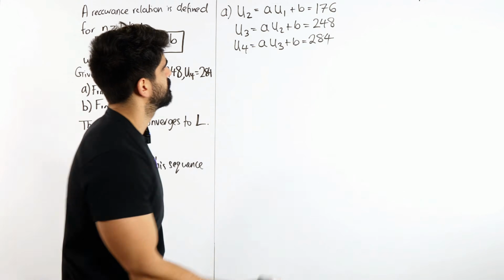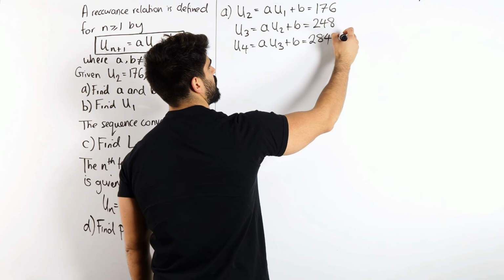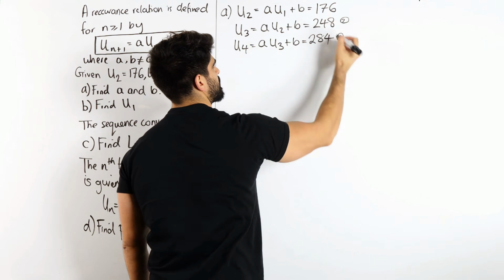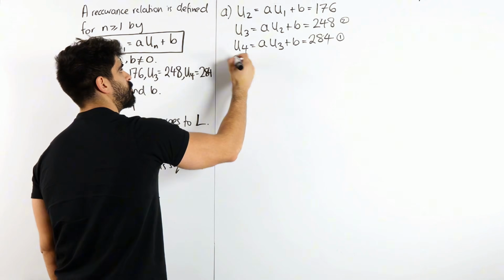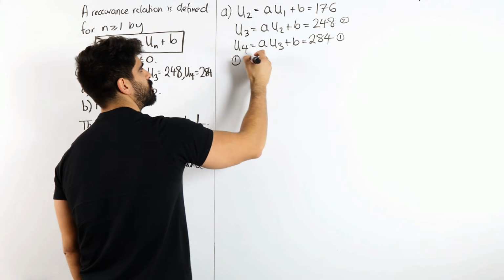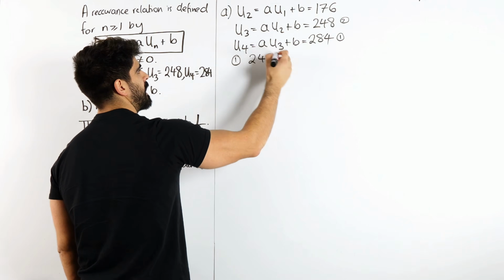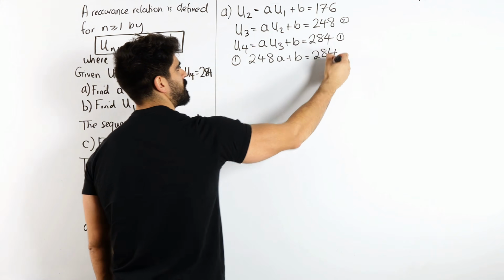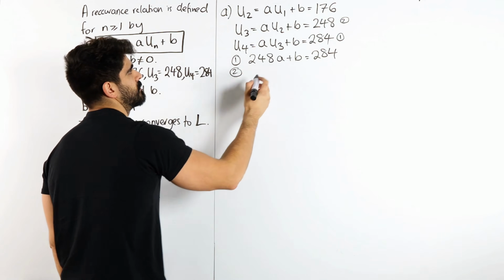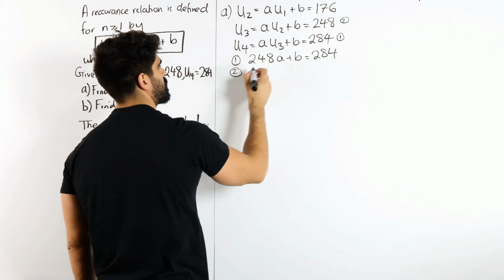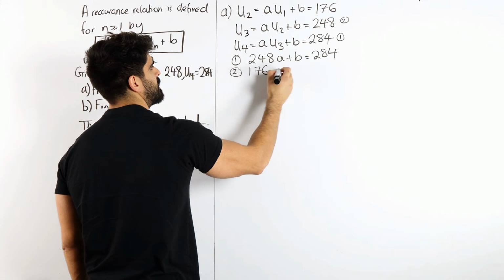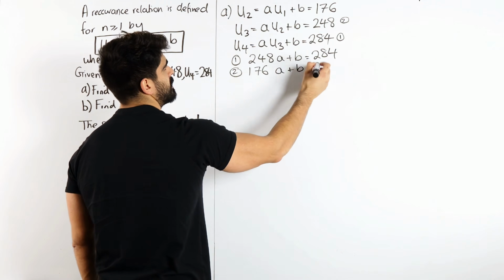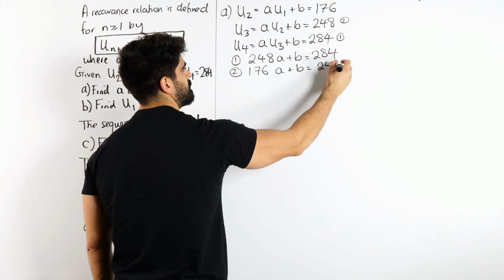So let's rewrite this. I'm going to call them equations 1 and 2, because this is the bigger one. So writing equation 1 again, 248a plus b is 284. Then the second equation is 176a plus b is 248.